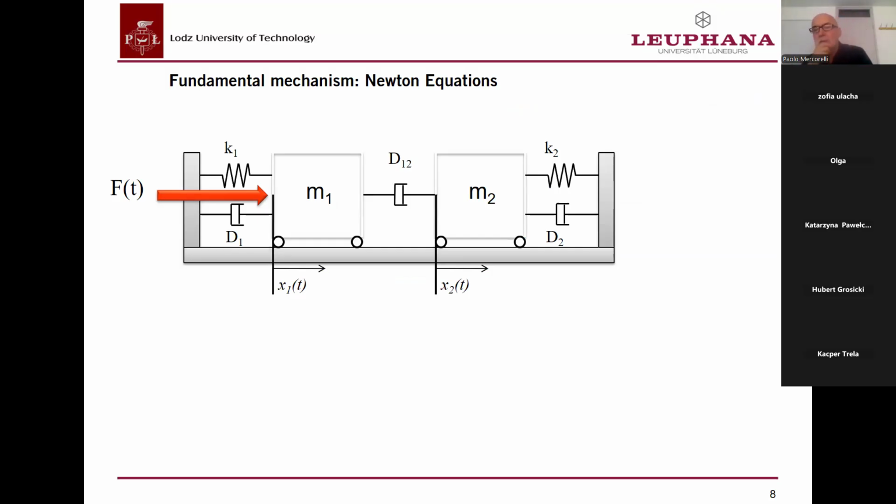with two things. Orientation means two things. We can orient in terms of input and output. Example, F input, F of t, the force. And the output, I can choose x1, I can choose x2, I can choose both. I can choose x1 and x1 derivative, position and velocity of the mass m1.